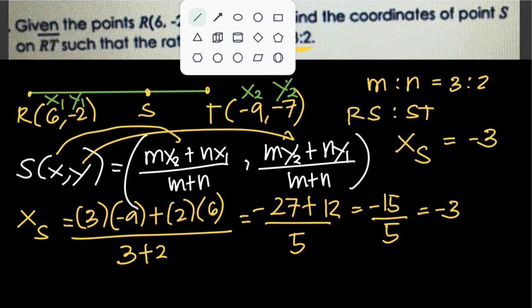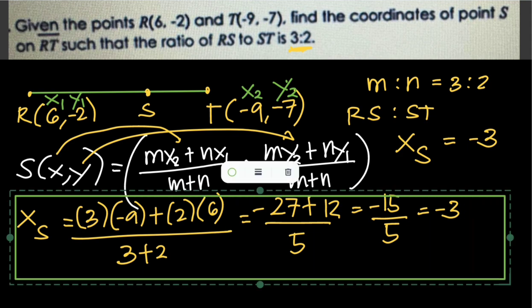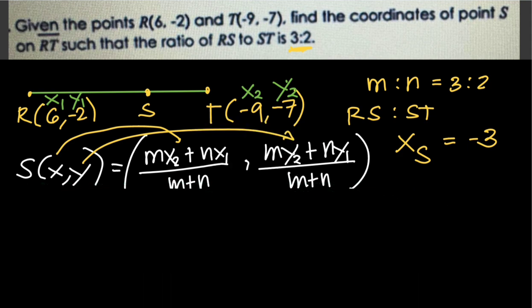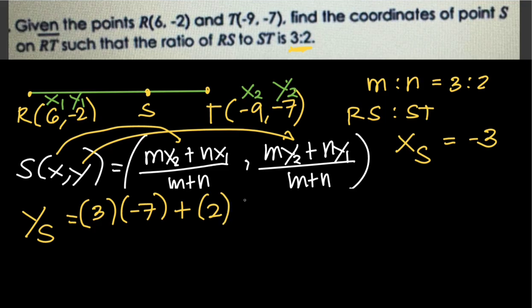And now we can solve for the y coordinate of point S. So the y coordinate of point S is just equal to m, which is 3, times y sub 2, which is -7, plus n, which is 2, times y sub 1, which is -2, over m plus n.